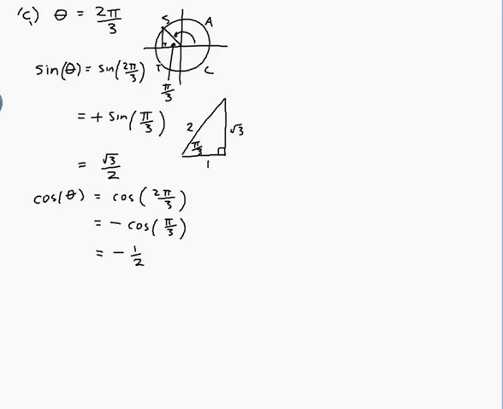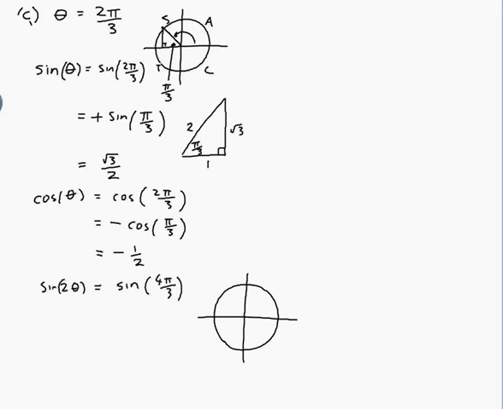Let's find cos and sine of 2 theta. Sine of 2 theta would be sine of 2 times 2 pi on 3, which would be 4 pi on 3. In order to find that, I need to locate 4 pi on 3, the point on the unit circle that angle corresponds to. So let's draw another unit circle.